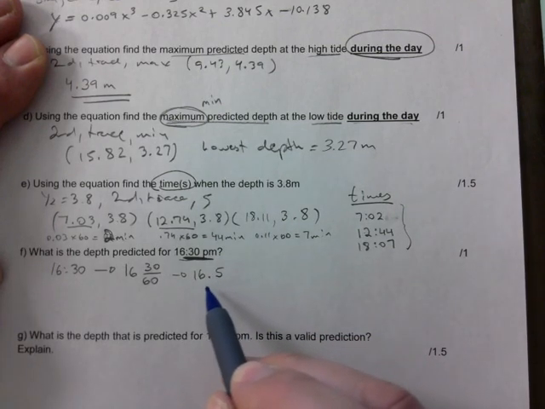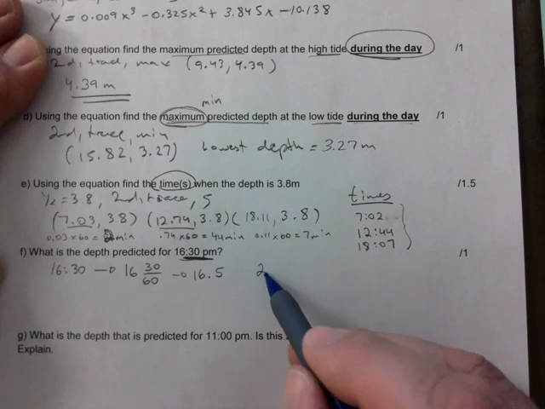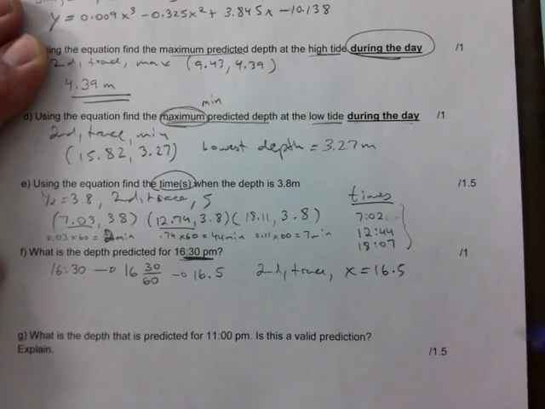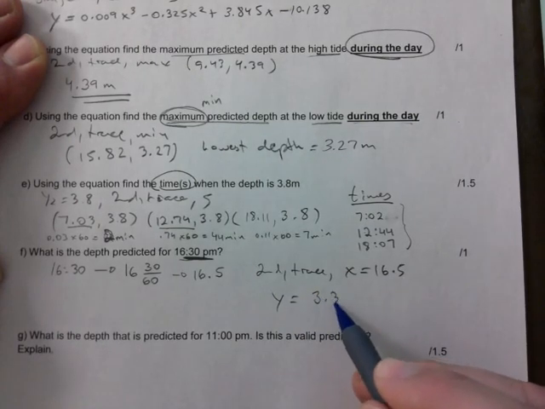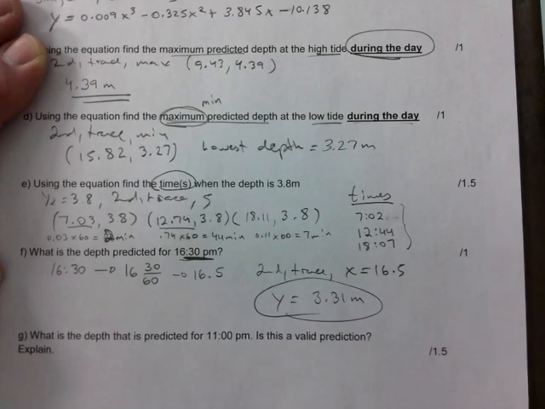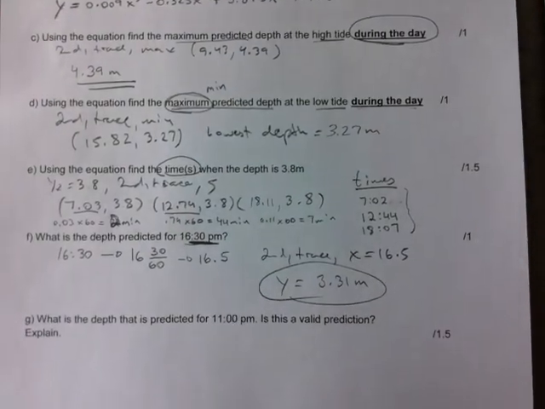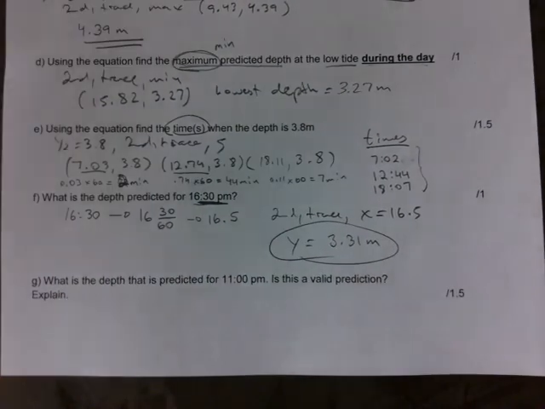So this is what you enter into your x value. So second, trace: x is equal to 16.5, y is equal to 3.31 meters. Did anybody go 16.3? Nice try.